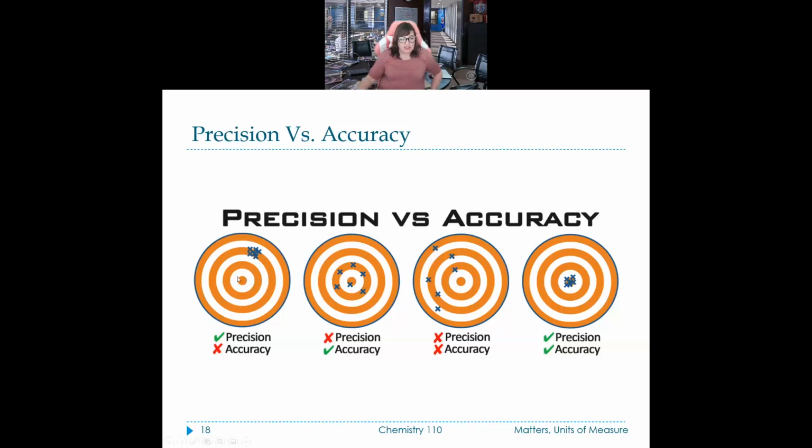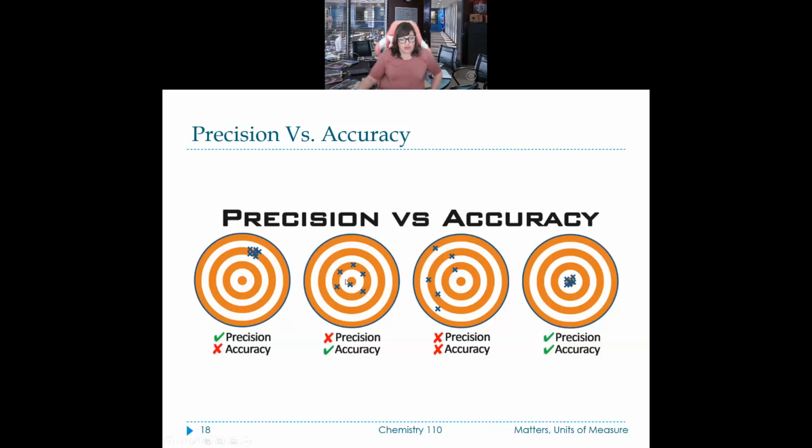We'd be wanting to get here in the center and we're not. So there's some sort of repeatable error that exists in this, that's leading to this being offset up here the way that it is. So this could be something like an improperly calibrated scale, something like that, that's repeatable, okay?